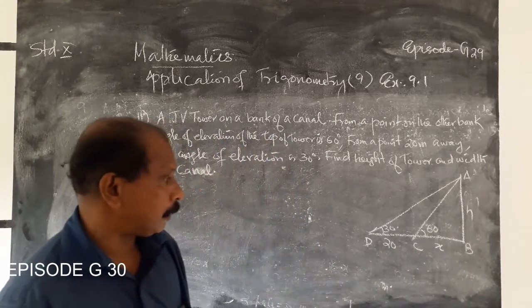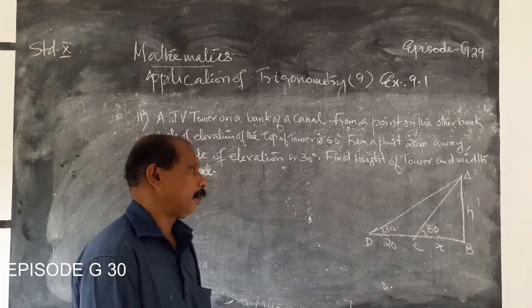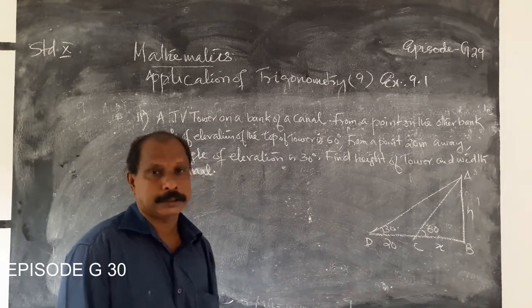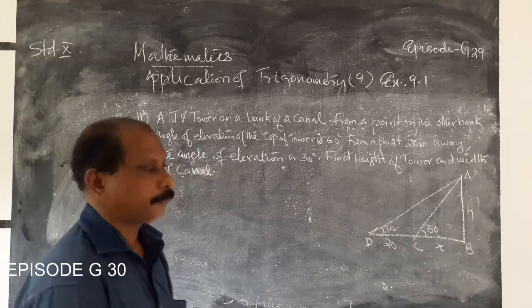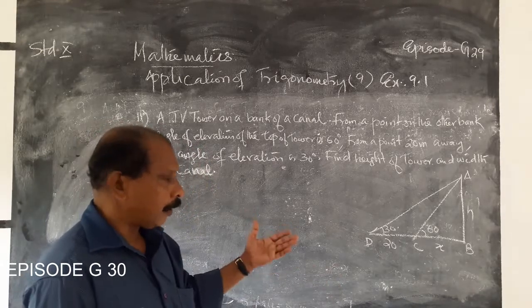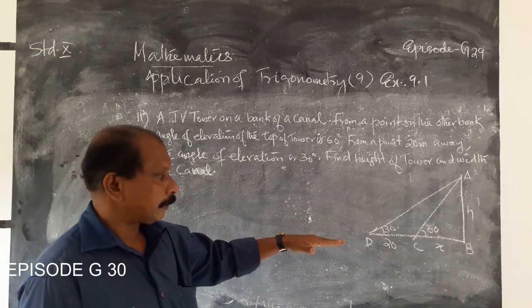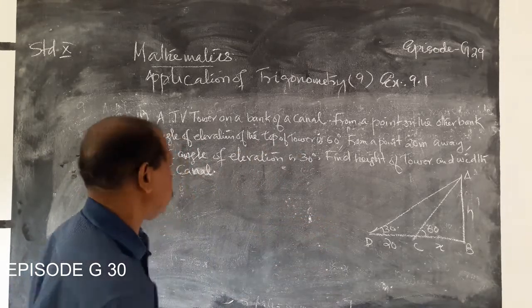There are two triangles, ABC and ABD. Using ABC, 60 is the angle, opposite is h and the other side is x. For the second triangle, the opposite side is h and the angle is 30, the adjacent side is 20 plus x.